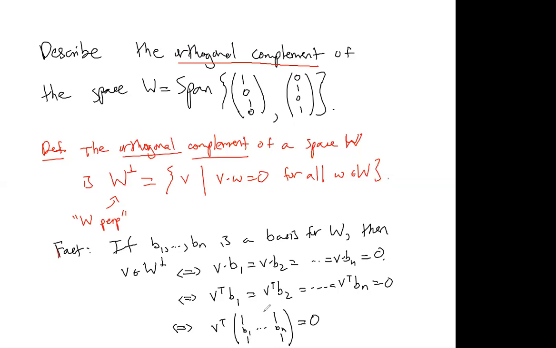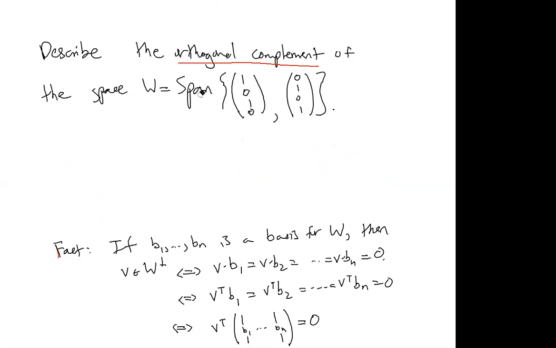Which is kind of backwards from what we want, I realize. So there's another way to write this. Instead of V transpose B1, it's also B1 transpose V and B2 transpose V. Let me start over. So V is in W perp if and only if, I can just take the transpose of all of this, or rewrite it as B1 transpose V and so forth.